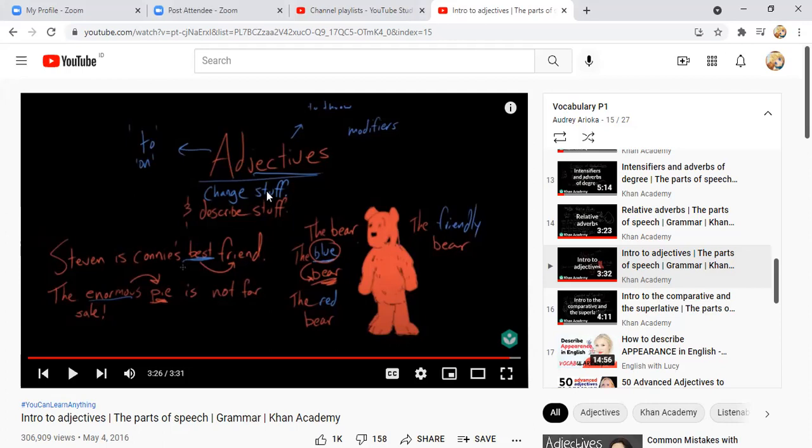Karena dia kan cuma semua kata benda jadinya. I mean, everything is going to be like Stephen is a person. Connie's friend, it's referring to Stephen, right? So it's not going to be a sentence. What I mean is a sentence cannot not have a verb.